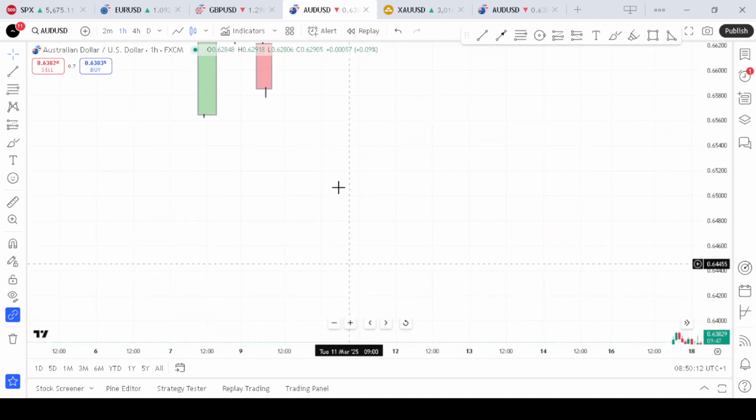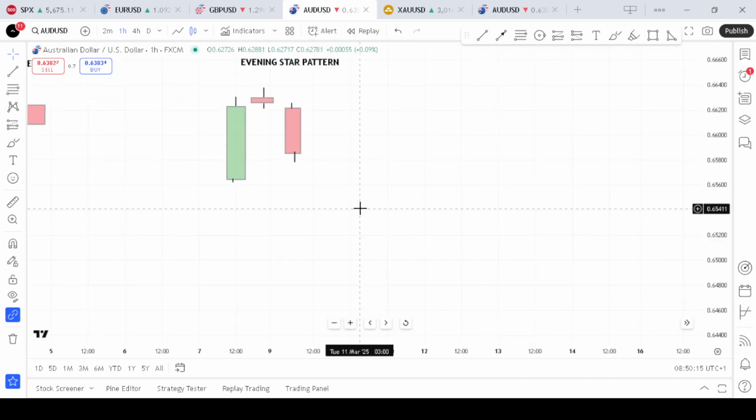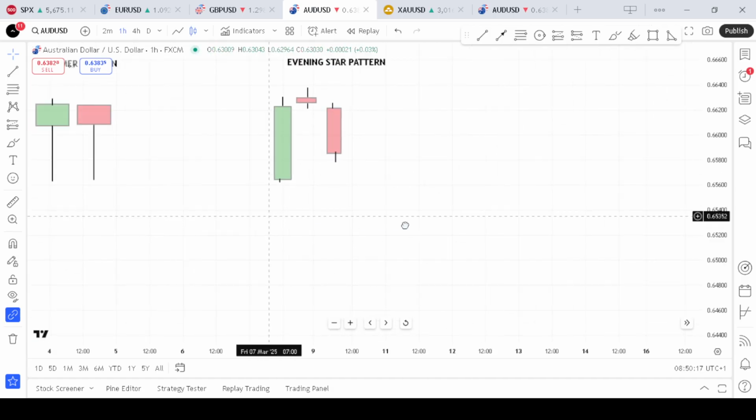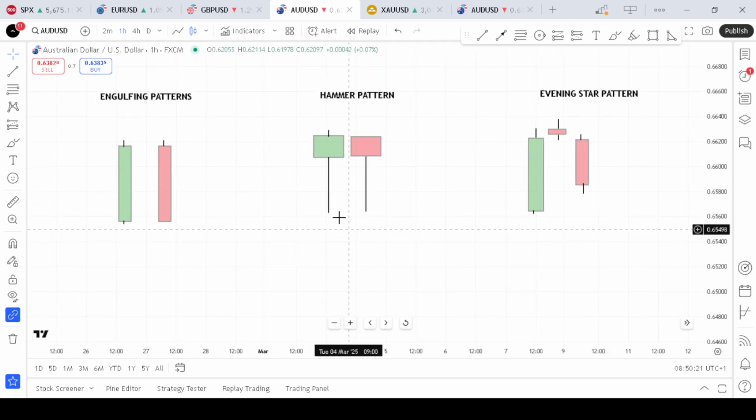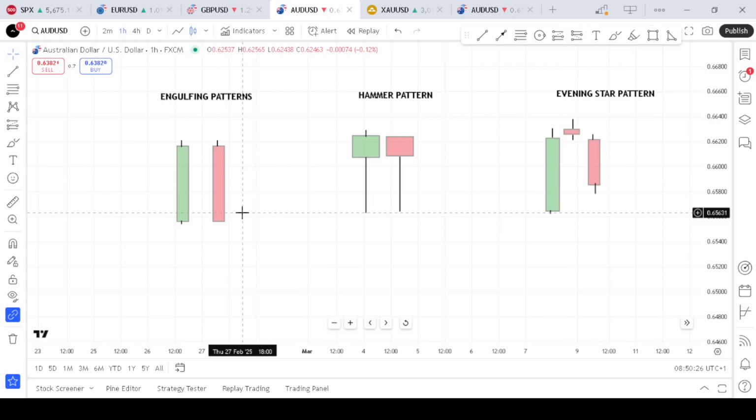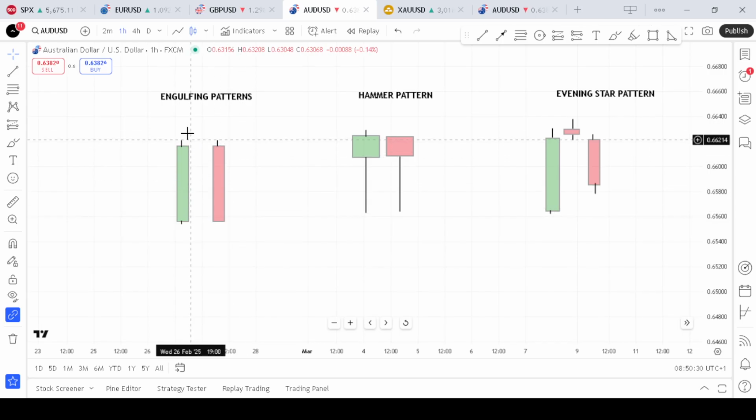Candlestick patterns are broadly categorized into two. The first is the bullish pattern, which indicates upward movement, often signaling a reversal or a continuation of the uptrend. Examples of this pattern are the bullish engulfing.